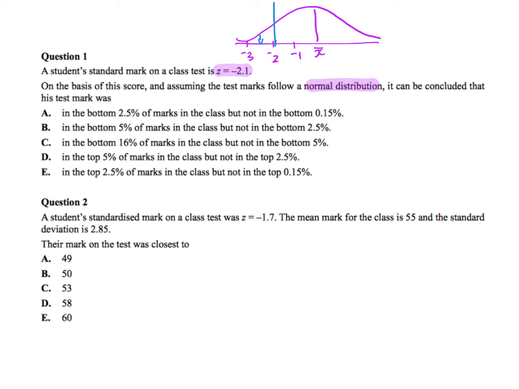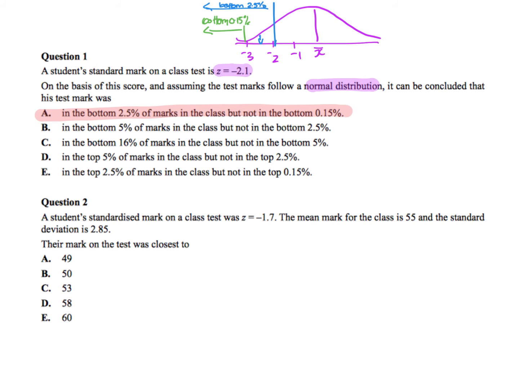If you go 2 and below, you're in the bottom 2.5%. And if you go from the 3 down, you're in the bottom 0.15%. So if you look at the answers, it says in the bottom 2.5% of marks in the class, which is what we said. This one's the best answer.